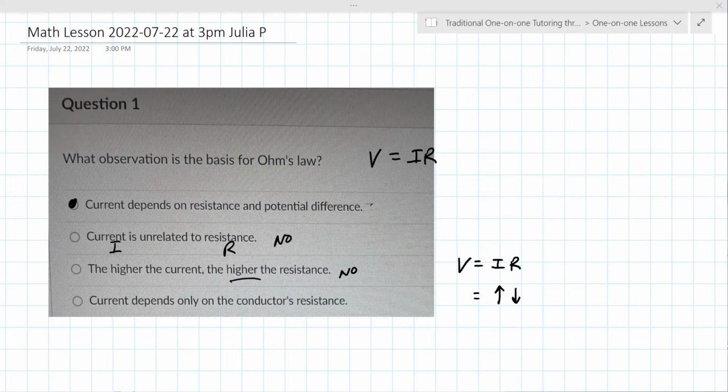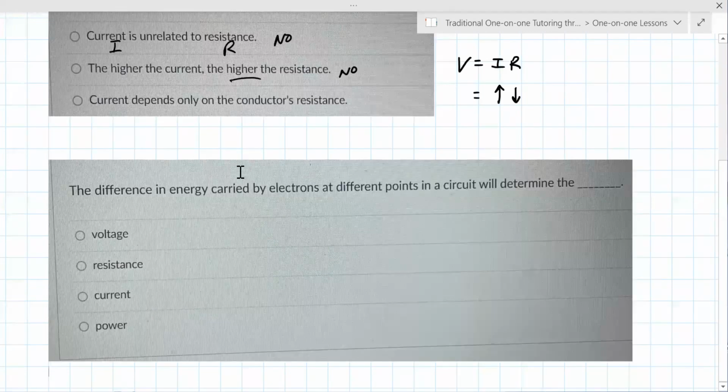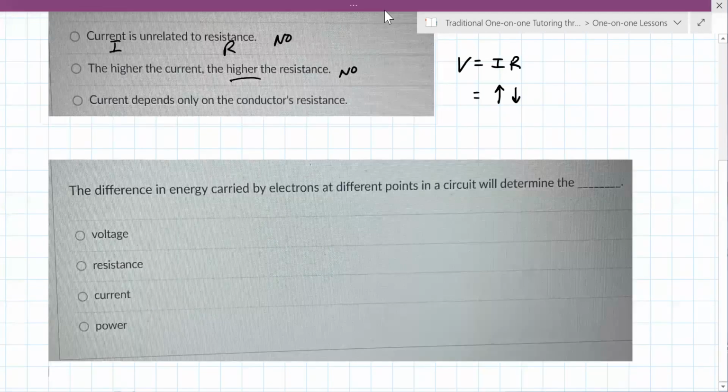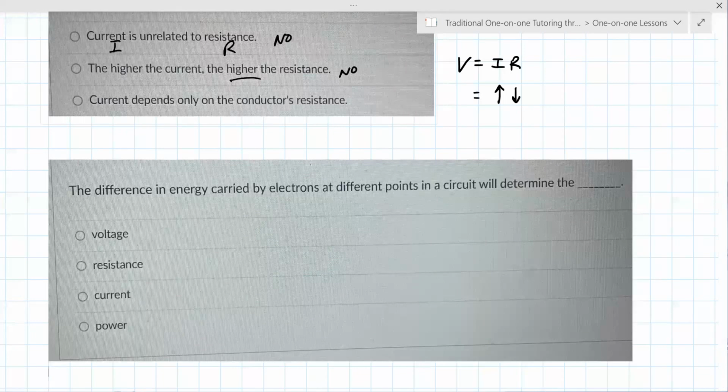All right, next one here. And again, use all the available resources that you have to answer these questions. The difference in energy carried by electrons at different points in a circuit will determine the... So I want to say it's voltage, but I want to just double check that. This is just a definition.